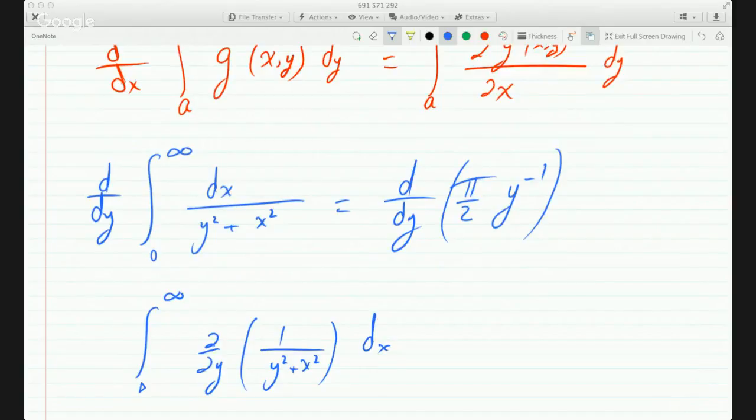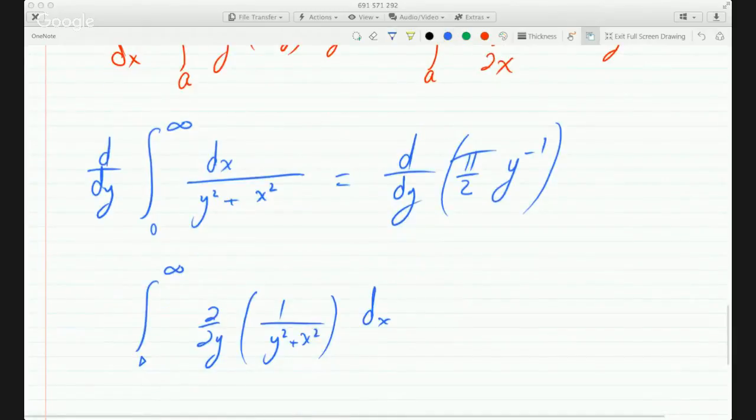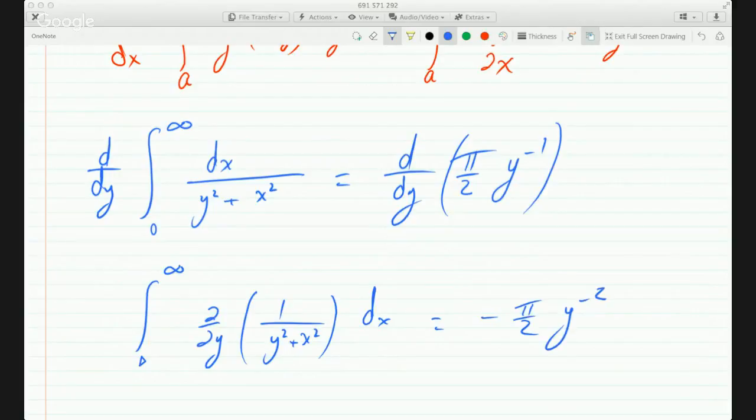And the derivative of the right side would be just, power rule, minus pi over 2 y to the minus 2, right?